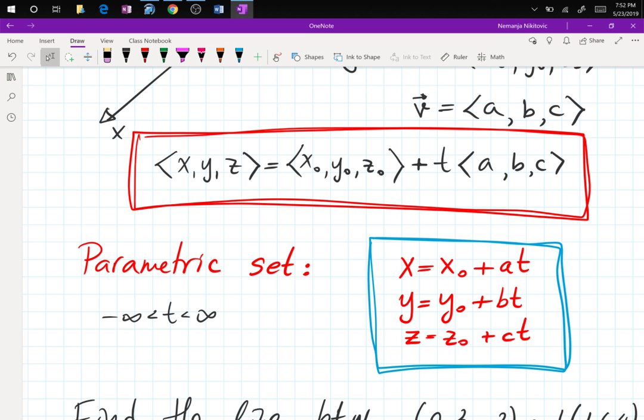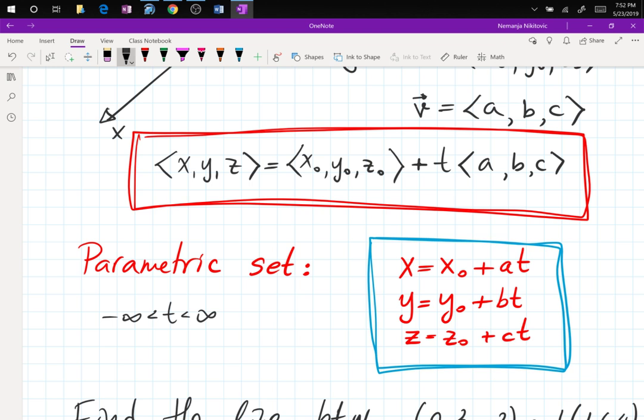And there is another form which I did not mention earlier. If you solve each one of these equations for t, and you equal them all, you come up with this three-sided equation of the line.